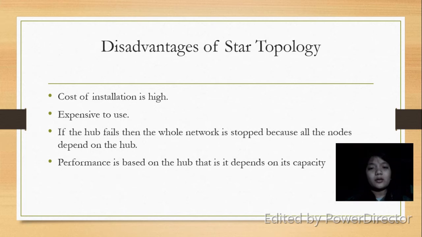I said a while ago that all computers are connected to the hub, so if the hub fails, the whole network will fail. Then the performance is based on the hub, depending on its capacity. So they are connected to the hub, so their performance will be based on the hub.